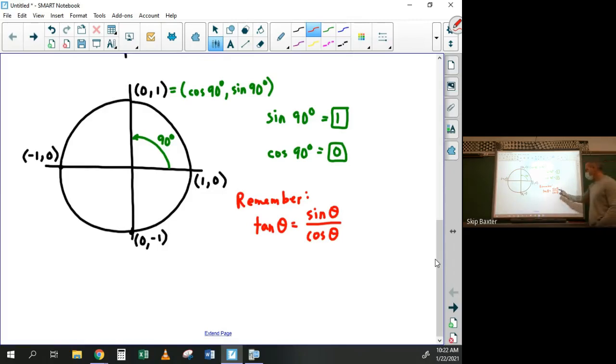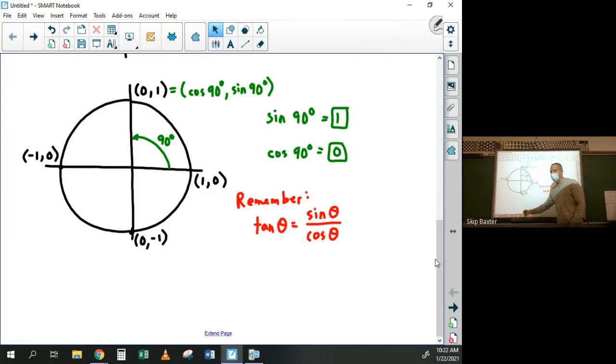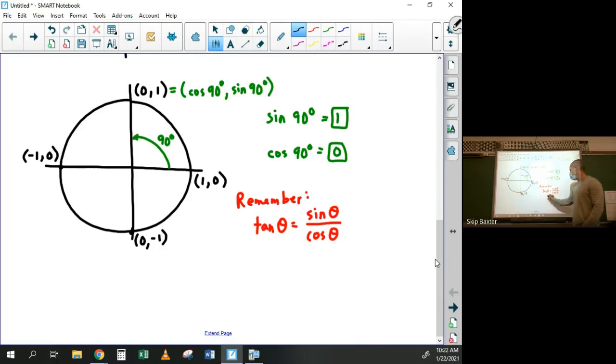And that's obvious if you just think about SOHCAHTOA. The tangent is opposite over adjacent, right? The sine is opposite over hypotenuse, and the cosine is adjacent over hypotenuse.